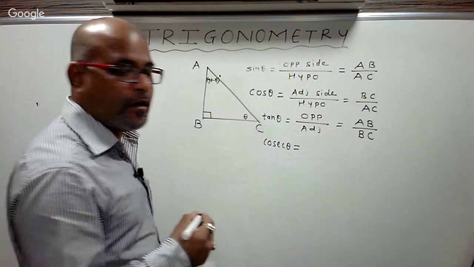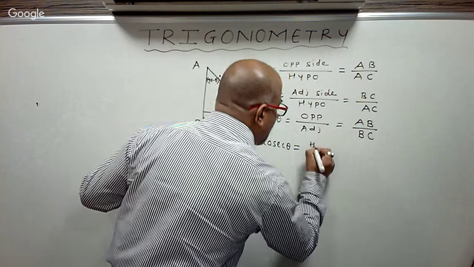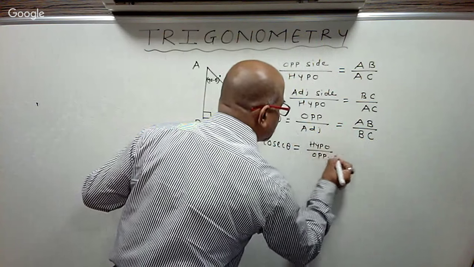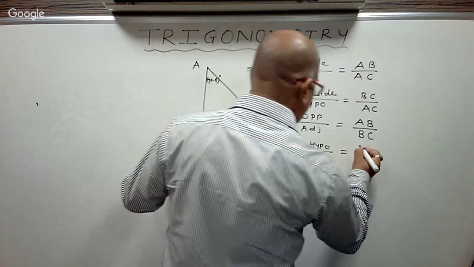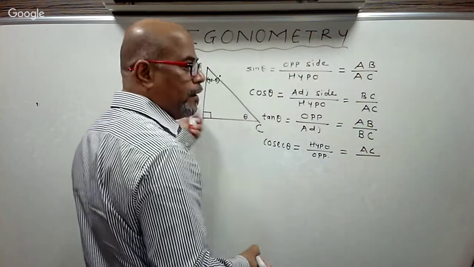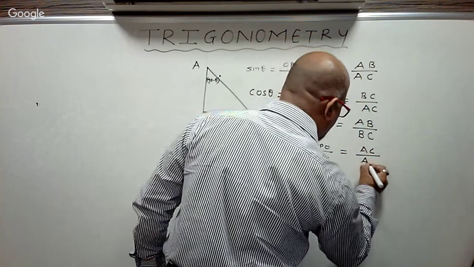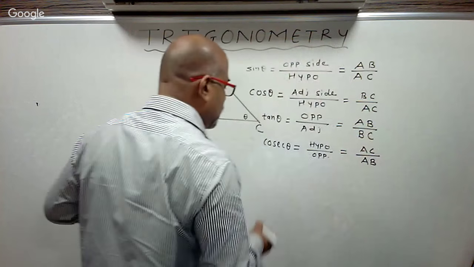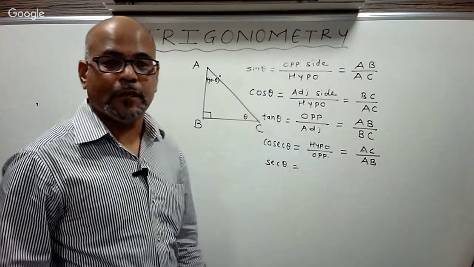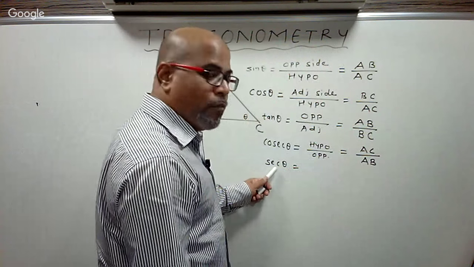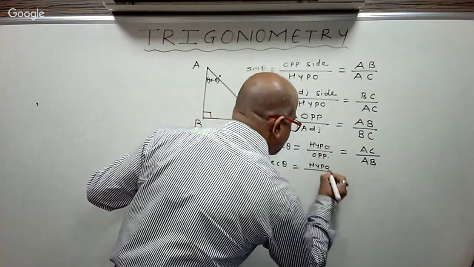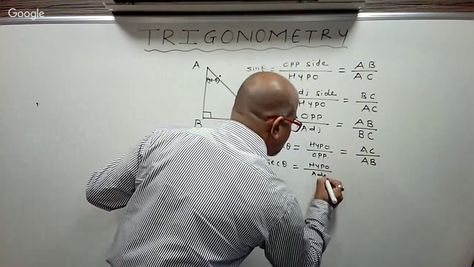Next ratio is cosec theta. For cosec theta, the formula is hypotenuse upon opposite side. Here hypotenuse is AC and the side opposite to angle theta is AB. Therefore, here I write AC upon AB. Then the next ratio, sec theta. The formula is hypotenuse upon adjacent side.